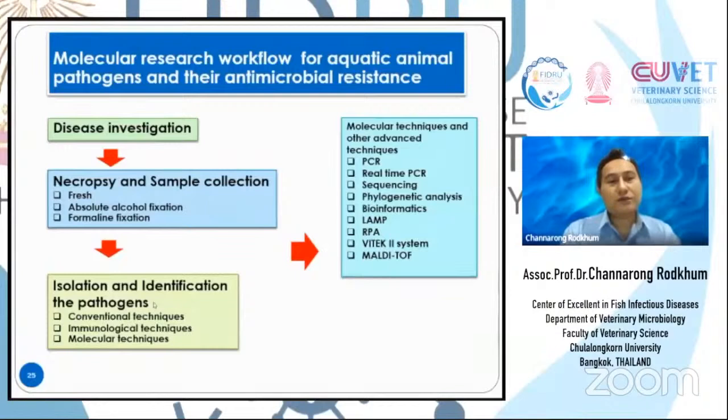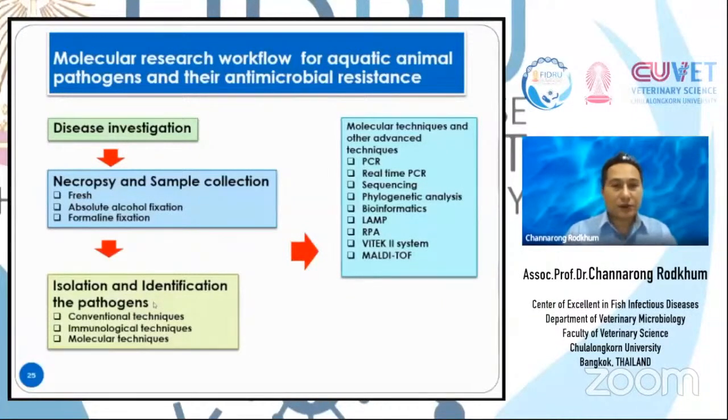When we investigate the diseased fish in the farm and make a differential diagnosis of what kind of pathogen infects that fish, in this talk I will focus on the molecular techniques and other advanced techniques that we have to use for disease diagnosis, pathogen diagnosis, and also antimicrobial resistance and antimicrobial susceptibility, and how to do it.